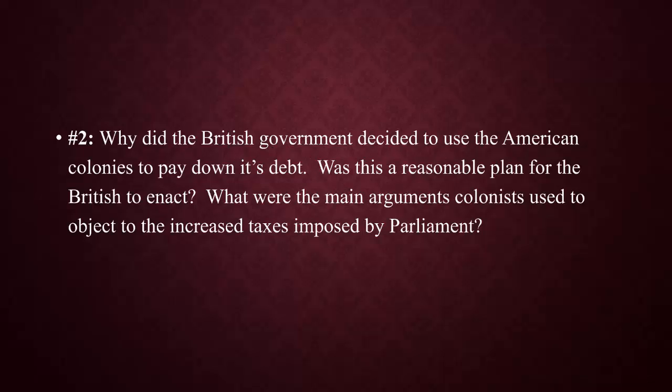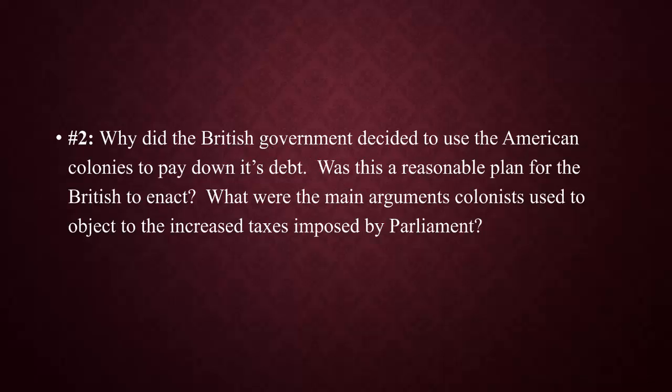So one way that they decide to try to pay down that debt is to begin to increase the taxation on the colonies. The colonies had been far less taxed than British citizens living in Britain, particularly the middle and lower classes of Great Britain, as well as some of the other colonies that the British had.